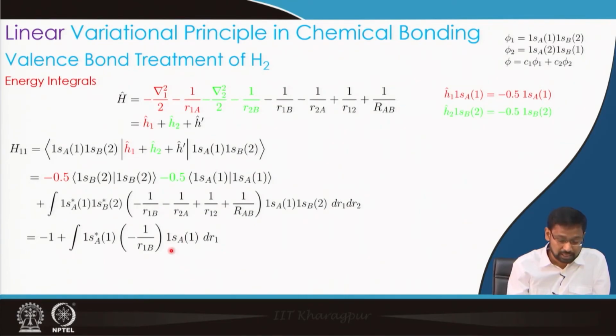So, this term. Now, let us look carefully at this term. What does this integral tell me? I have 1sA star 1sA. If I multiply them, I get mod of 1sA square. That is, if you remember, the probabilistic Born interpretation of the wave function, that psi star psi corresponds to the probability distribution of that wave state function. Now, 1sA square actually gives me the probability distribution of this electron.